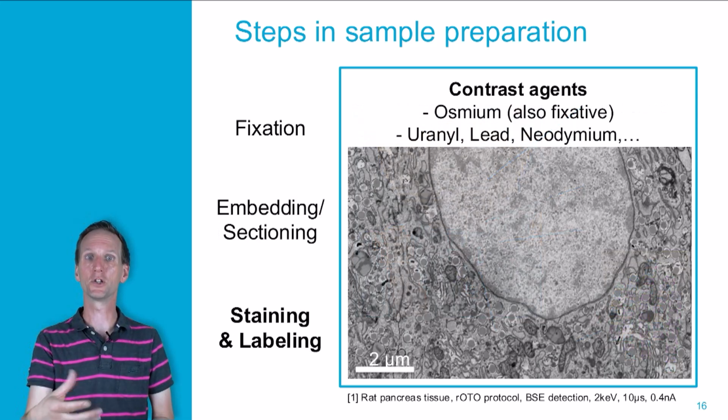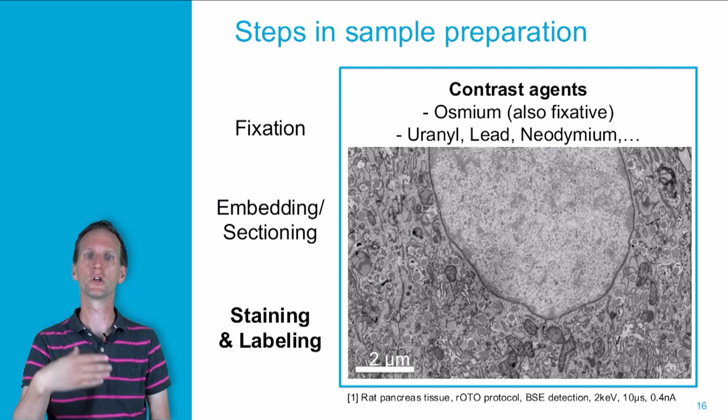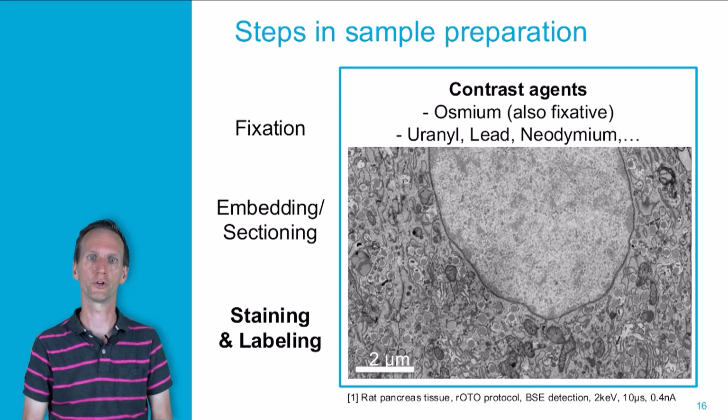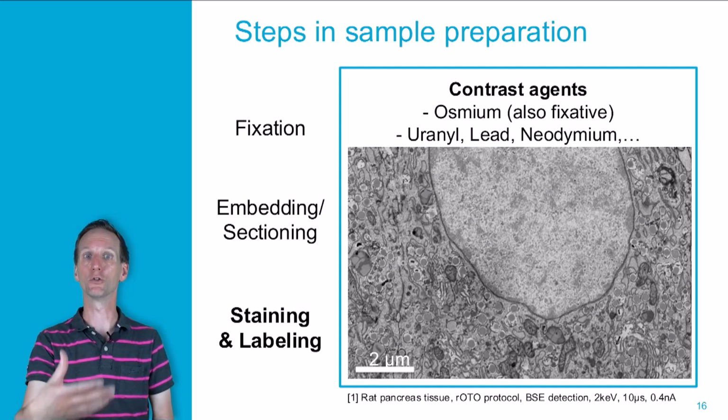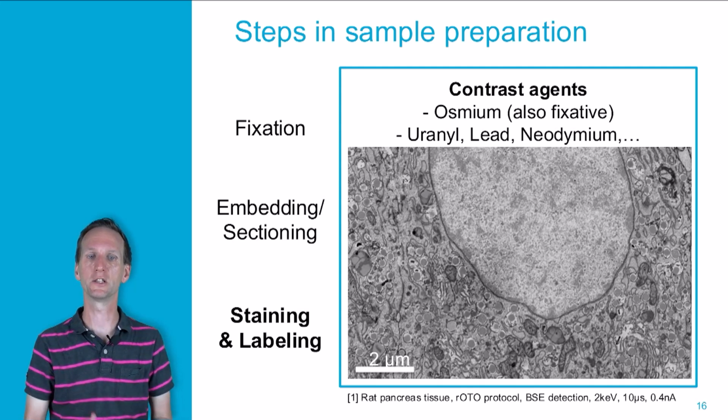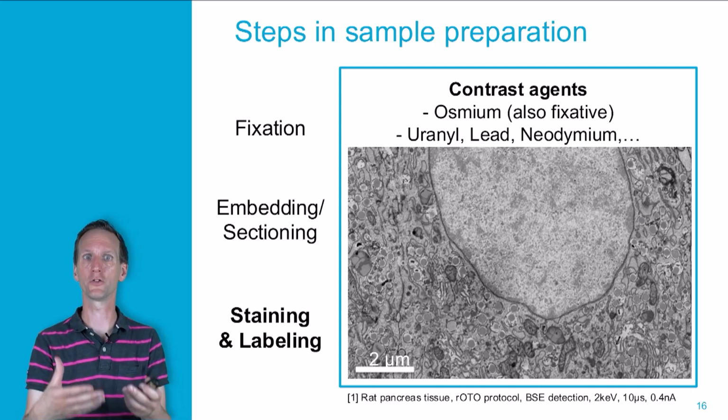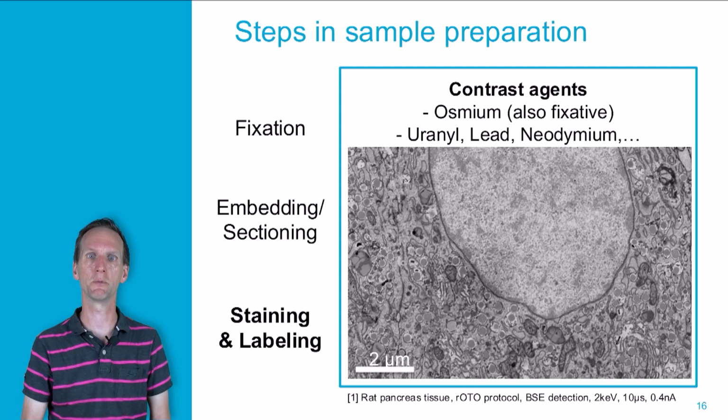Now, like already mentioned, biological material in itself consists of low Z materials, which hardly gives backscatter electron contrast. In the fixation, we can use osmium, which metallizes the membranes, and as it is a higher Z material, gives us sufficient backscatter electron contrast, but also other contrast agents or staining materials may be added.